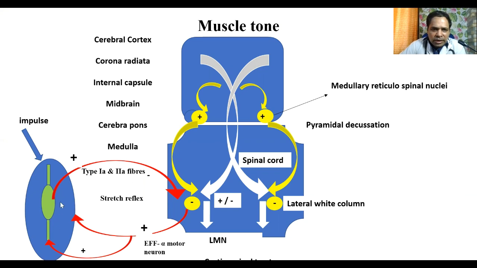So if you stimulate here, it inhibits here, and this becomes your reflex arc. And remember, as I always told you, when this gets stimulated, alternatively the medullary reticulospinal nucleus also gets stimulated, but in turn inhibits. This is what usually happens.